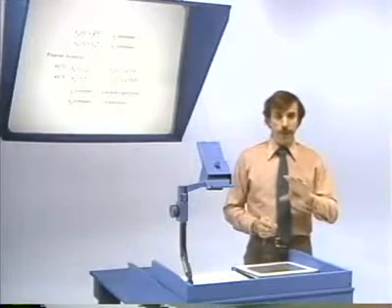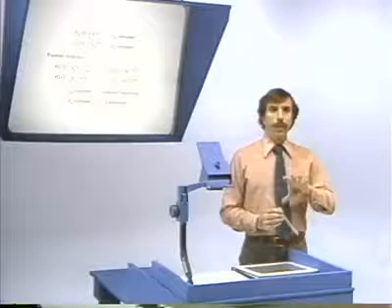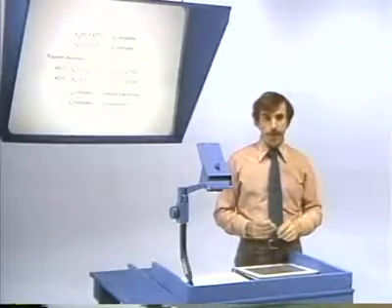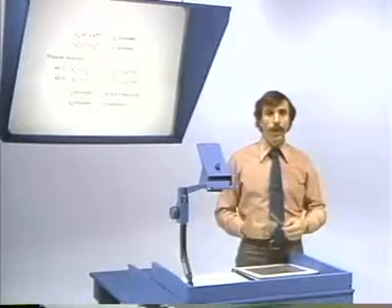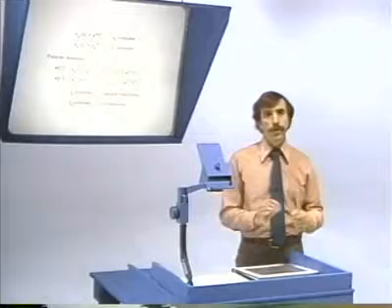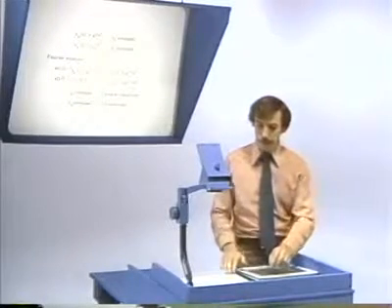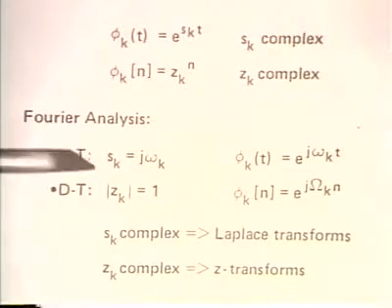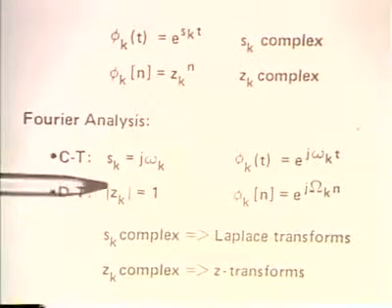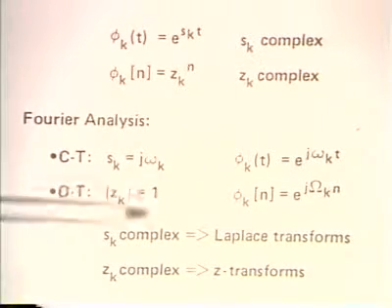Now, in doing this, although we could begin with our attention focused on, in general, complex exponentials, what we'll choose to do is first focus on the case in which the exponent in the continuous time case is purely imaginary, as I indicate here, and in the discrete time case where the magnitude of the complex number z sub k is equal to 1.